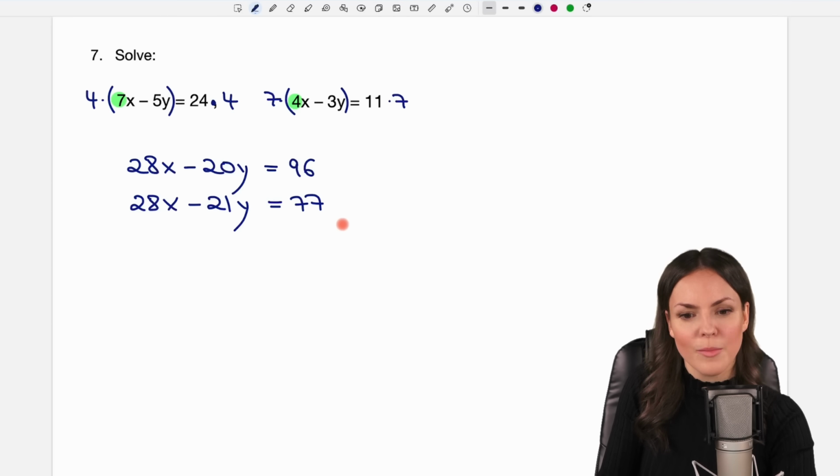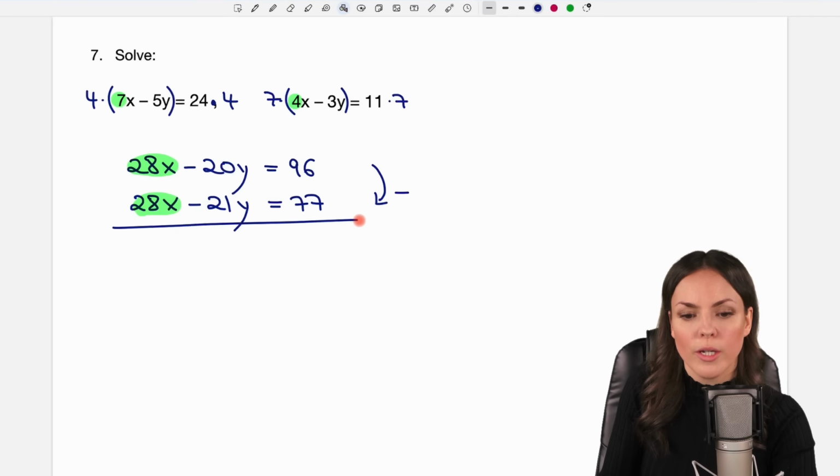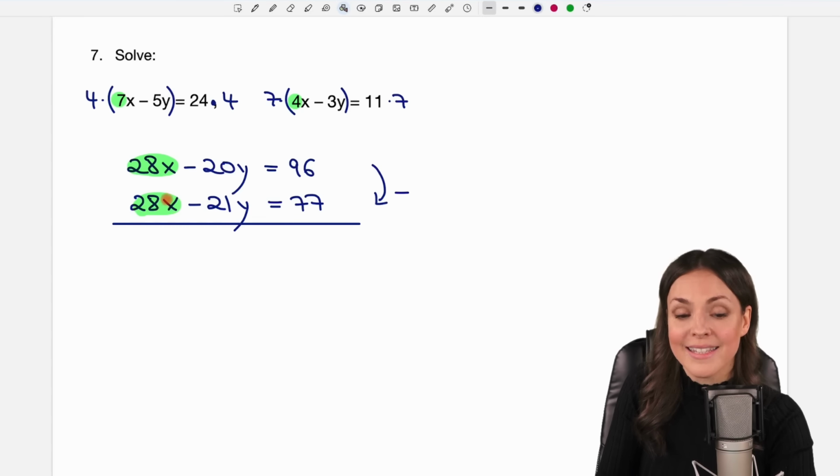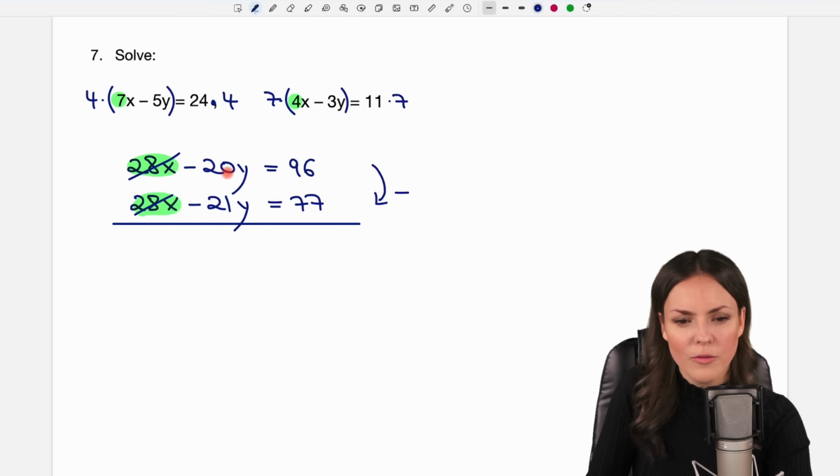Okay, I have my system of equations now. I have the same amount of x's in both equations, so now I can just subtract these 2 equations and get rid of my x, because 28x minus 28x cancels out. Here I have negative 20y. Let's write it down what happens here.